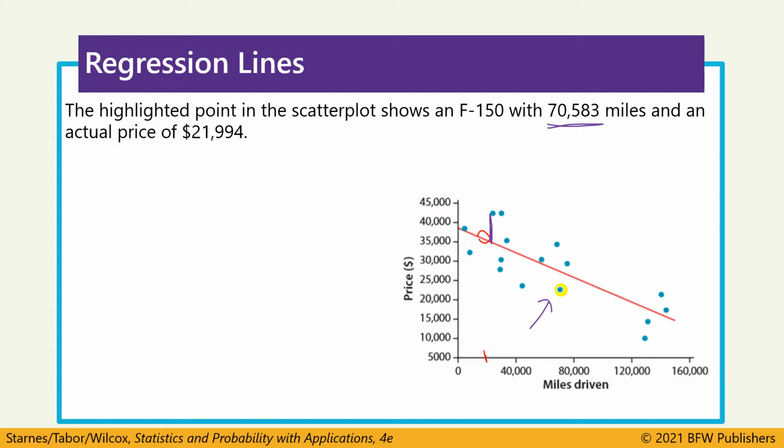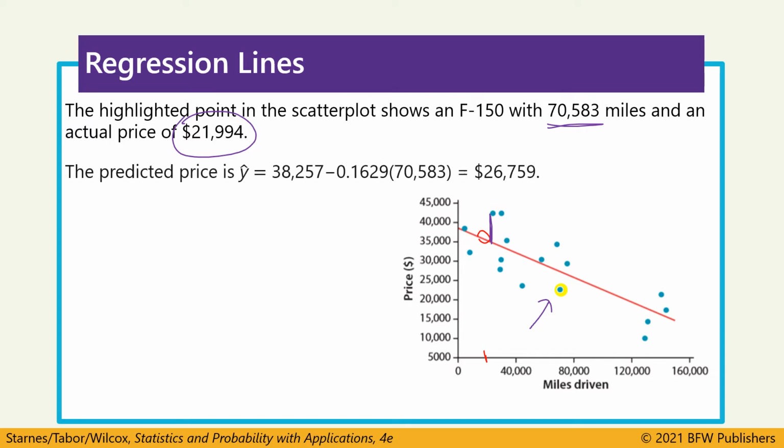This Ford F-150 had 70,583 miles, and the actual price was $21,994. It's asking us to find the residual. To start, we plug in that x value, the number of miles, into the equation, and we see that the predicted price of this car is $26,759.